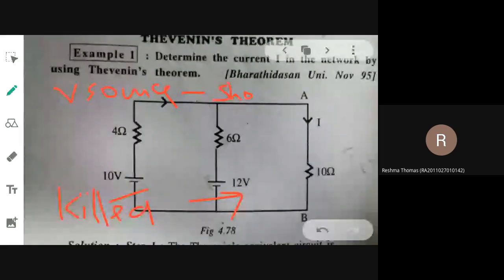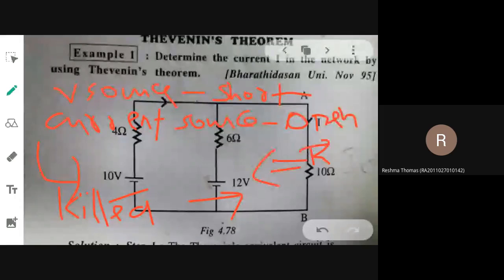Current source means you have to open. That is what is called killing of sources. Then you will find out R Thevenin by looking from the AB terminal. This is the procedure.